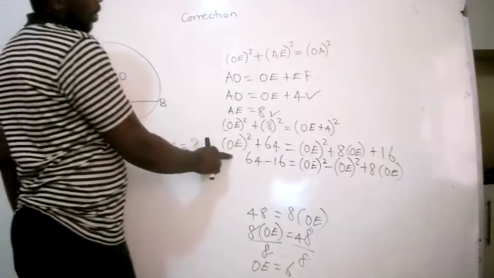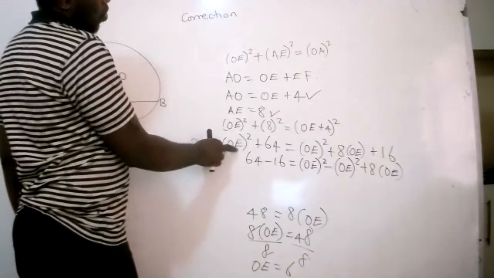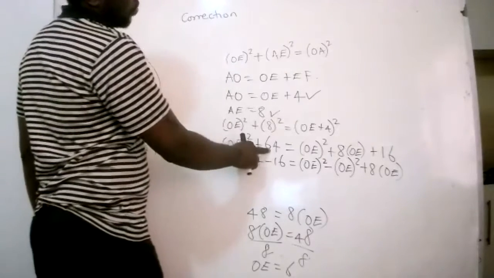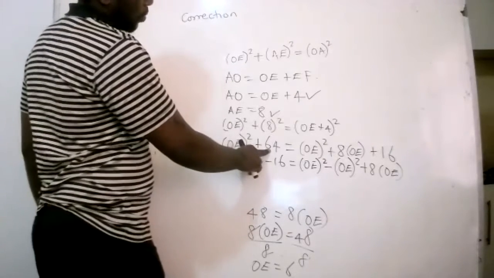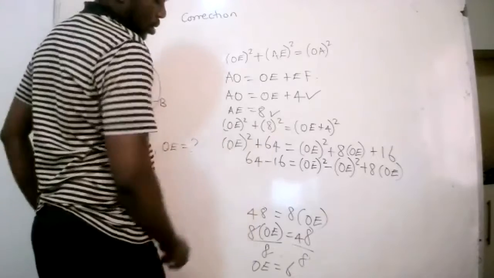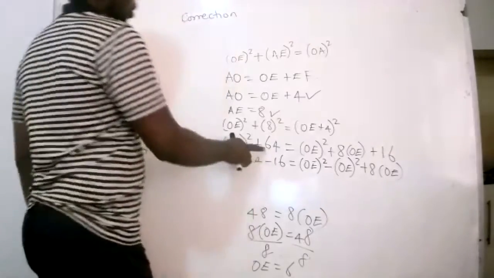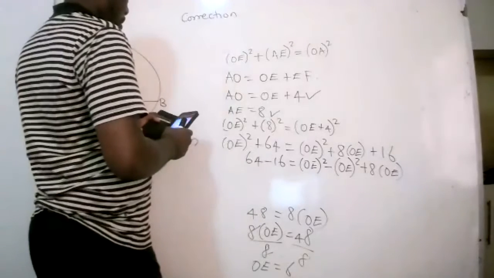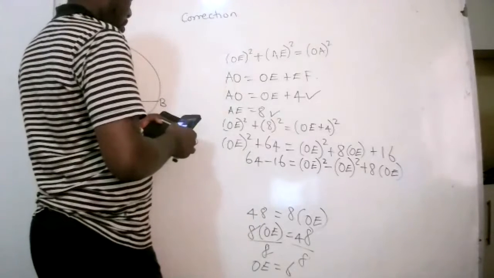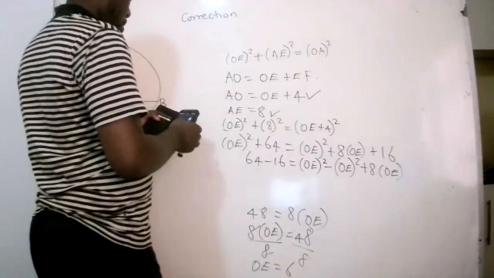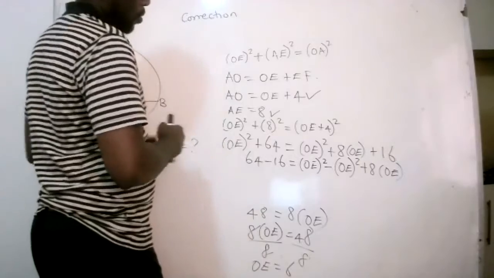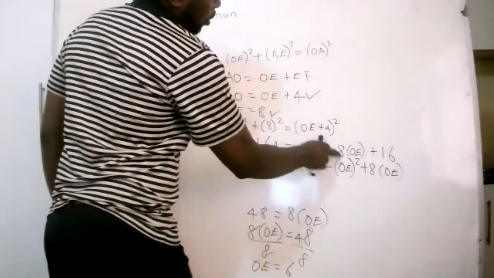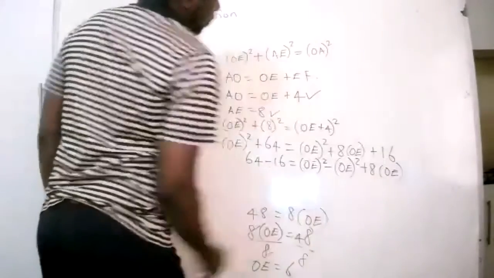And then down here we have 8 squared, which is 64. So 8 squared is 64. And then here we have 8, and there we have 16.